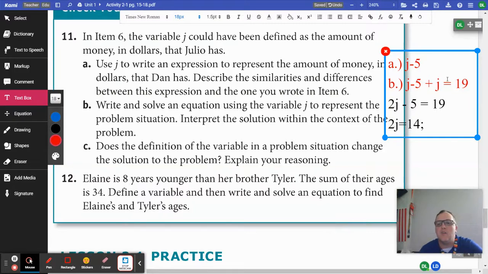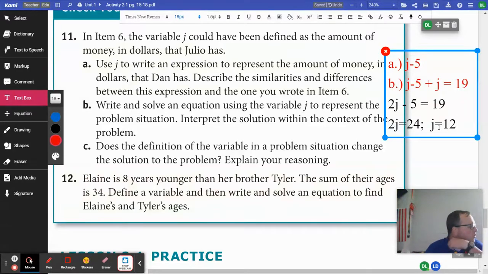No, that's adding. I'm sorry, we'd add the 5, not 14. That would give me 2J equals 24, which means J would be 12. So Julio would have $12.